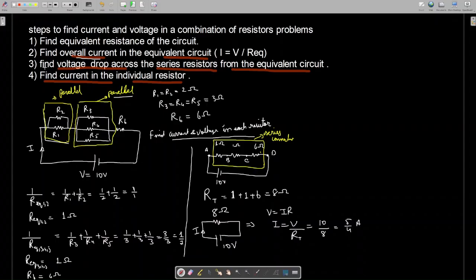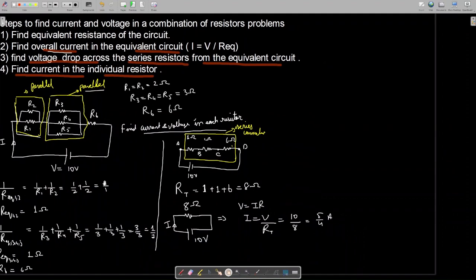Now find the voltage drop across the series resistance of the circuit. What do you mean by series resistance? Refer to this series. Now this is in a series. Let the nodes be A, B, C and D. So let the voltage drop be VAB across AB, VBC across BC and VCD across CD.